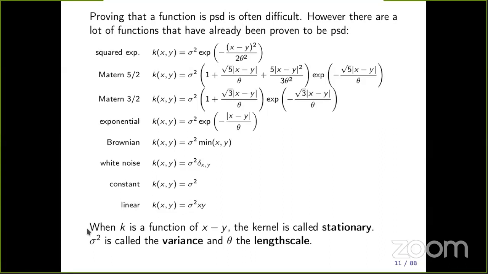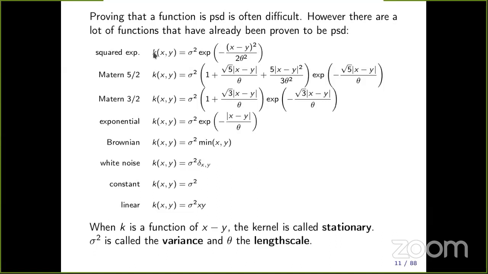And another thing we can see in this expression is that for all of them, we can put a rescaling factor in front, that is sigma square. This factor is often called the variance, because if we choose in here x equal to y, the exponent will be 0, so the exponential is going to be 1.